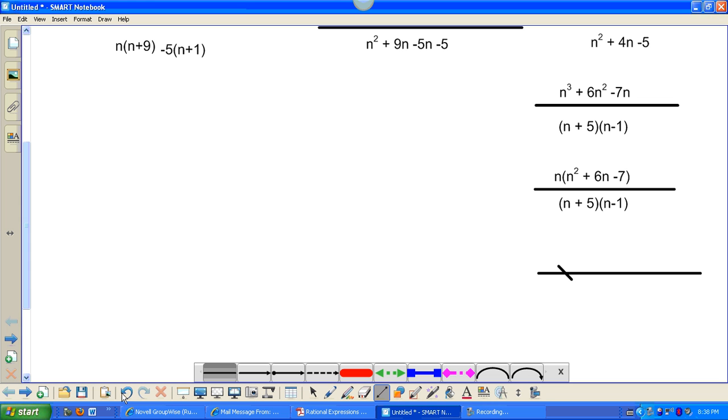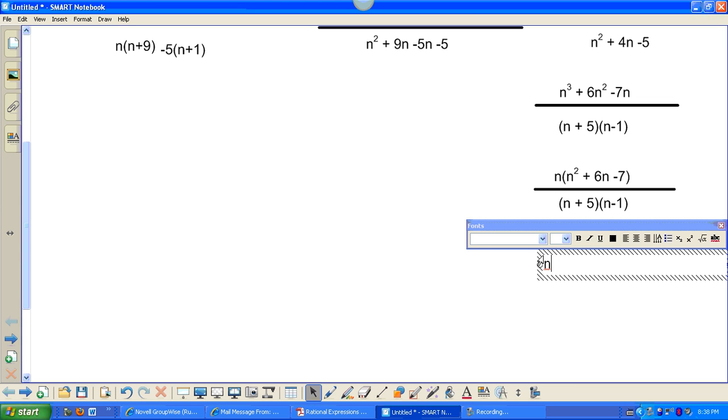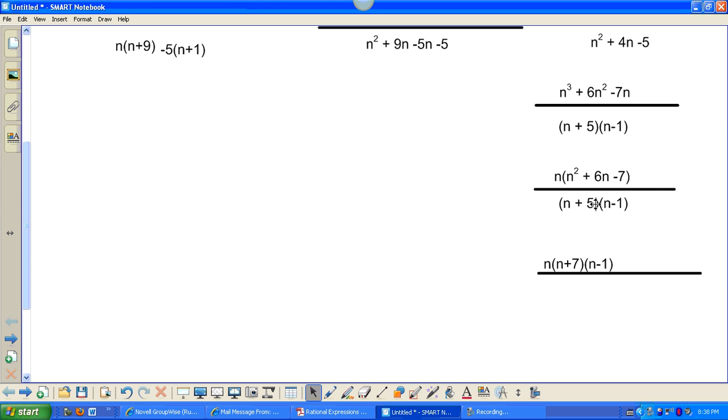So I'm going to end up with n times n plus 7 times n minus 1. The denominator is going to end up with the same, and you should have a common factor of n minus 1, and then that's how you get your final answer of n times n plus 7 over n plus 5.